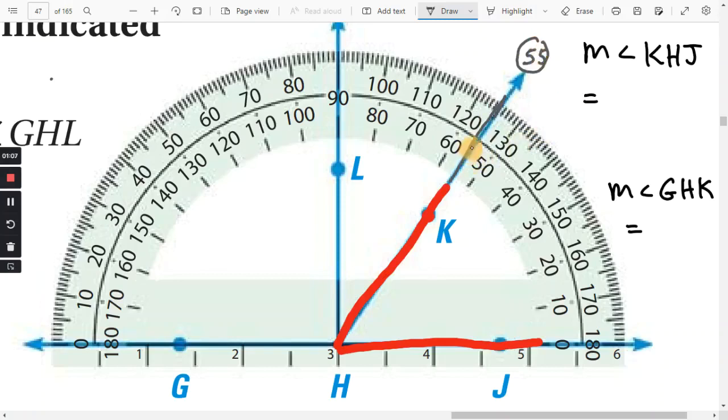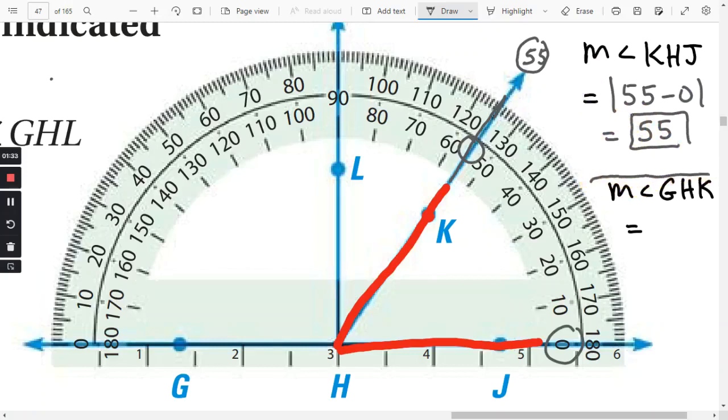And then if you go to J, the one on the bottom is 0. So it's just going to be the absolute value of 55 minus 0. And if you put the bigger number first, you don't need absolute value. It's just going to be 55. And what kind of angle is only 55 degrees? Well, that is just acute. Remember, a cute little angle.